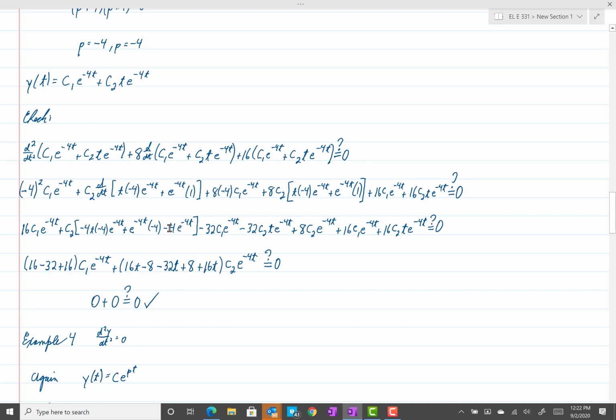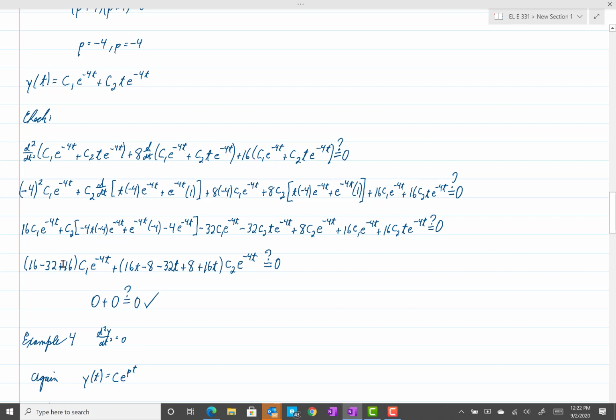We got a minus 4 and a minus 4, so minus 8, and that's right there. And then this one, minus 32 c1, so here's the minus 32. And here's minus 32 c2, so that's minus 32t times c2. So that's right there. And then here's 8c2, so that's right there.